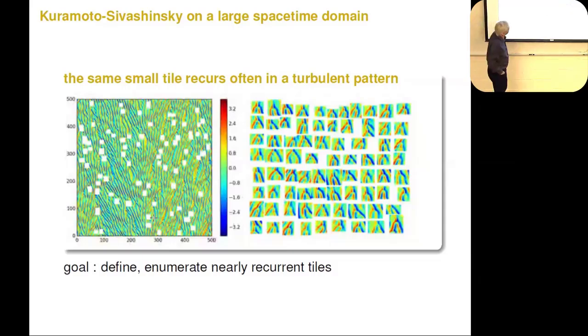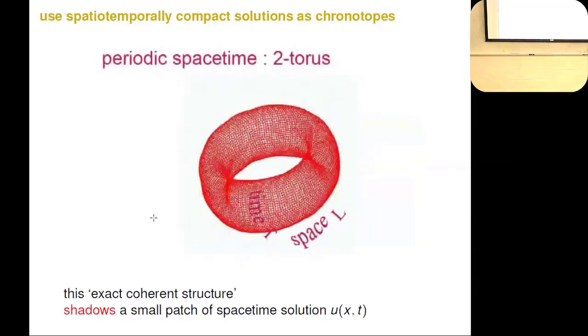But what if you were able to take a little torus, a small piece that's periodic both in space and time, and find solutions of this shape? Then you could use that solution to say, all the stuff that you find here is actually a close visitation to small solutions that I have in my hand, which are numerically exact.